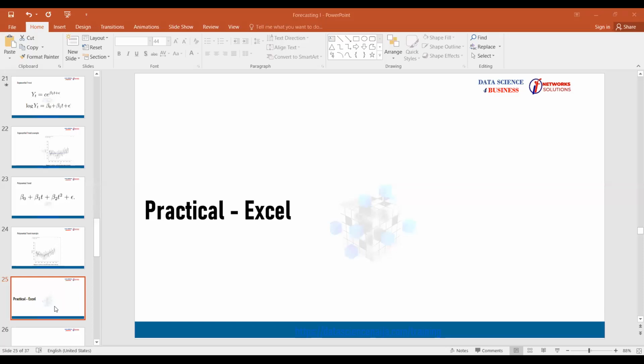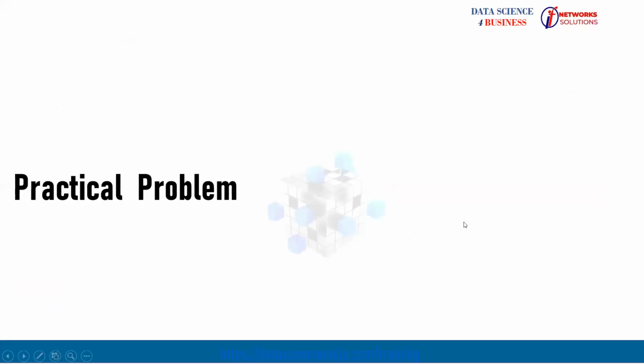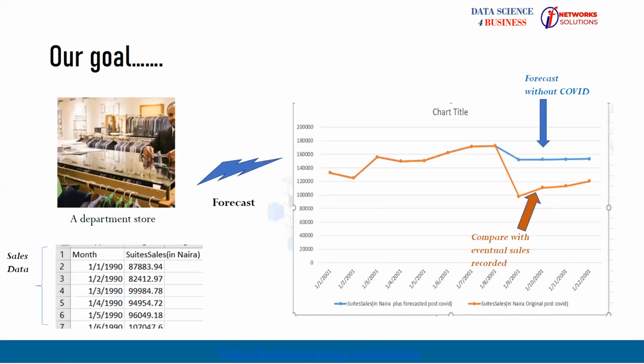Okay, so now, having said that, at least we have been able to see how we do this simple descriptive statistics in Excel. Now let's look at a particular problem which you actually set out to achieve in this short training. Like I said, our goal is to be able to forecast the future, given a particular pre-event data, and now compare it with what actually happened and see what exactly is going on.